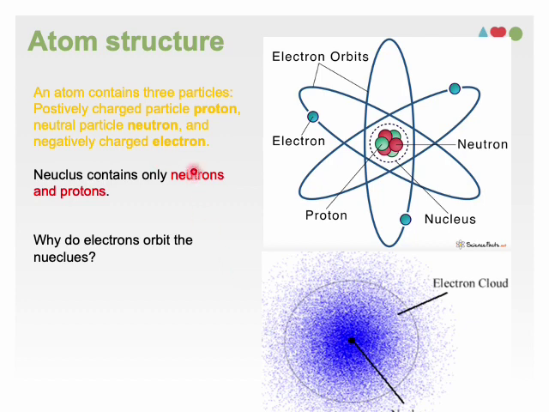The structure of an atom refers to organization of its subatomic particles, which include protons, neutrons, and electrons. The nucleus is located at the center of an atom and contains protons and neutrons.